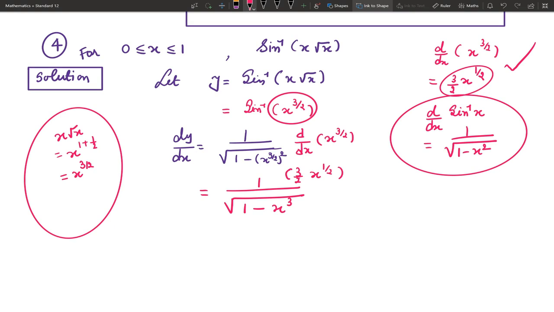So answer can be written as 3 by 2 is constant. In numerator power is 1 half. Actually this is nothing but root x. So denominator is under root 1 minus x cube. So you can write answer in the form 3 by 2 under root x upon 1 minus x cube. So this is dy by dx.